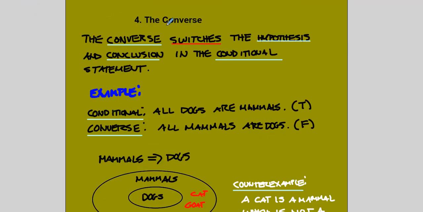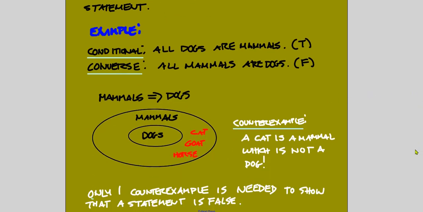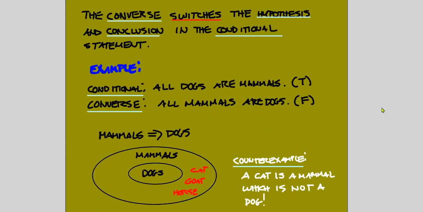Which brings us to the converse. The converse switches the hypothesis and conclusion in the conditional statement. So we had the conditional statement, if it is a dog, then it is a mammal. Here's our conditional, all dogs are mammals. The converse would be all mammals are dogs. Okay? So let's write that as a conditional statement here.